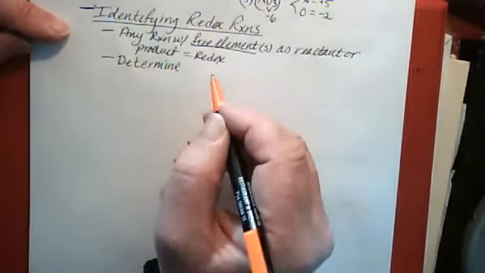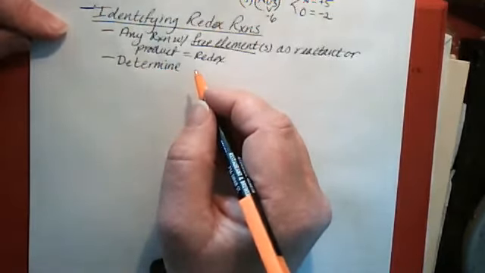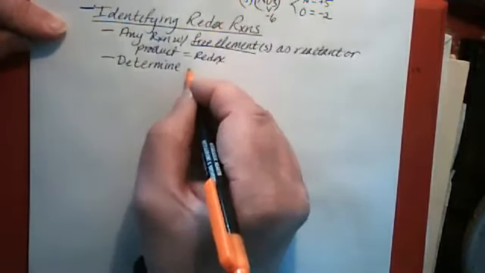is to determine the oxidation state of each atom of each element in the reactants and the products and see if anything changes.